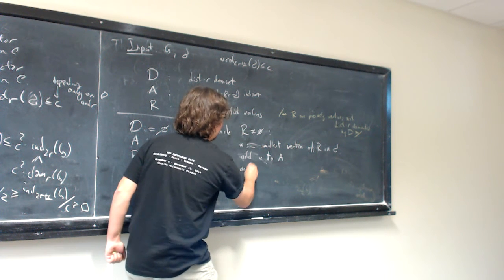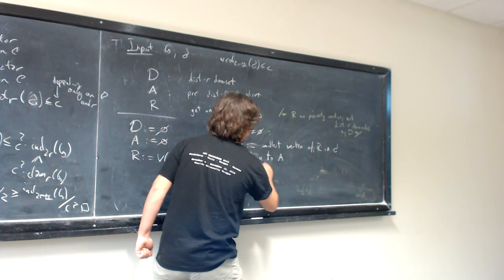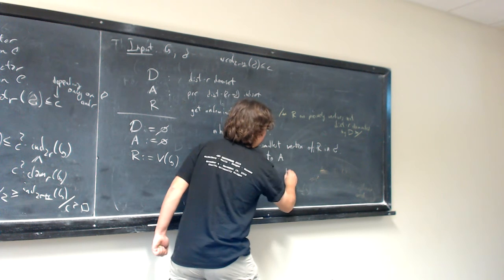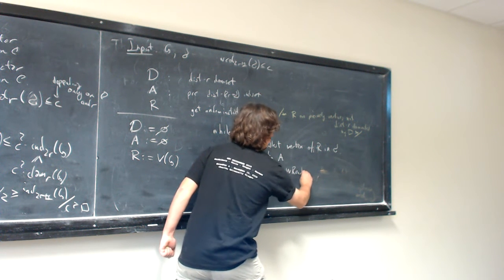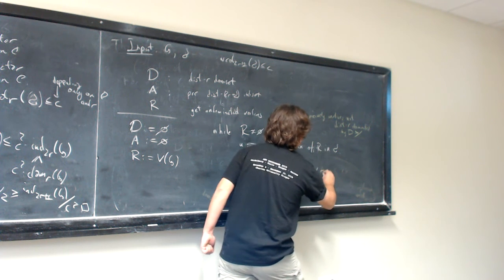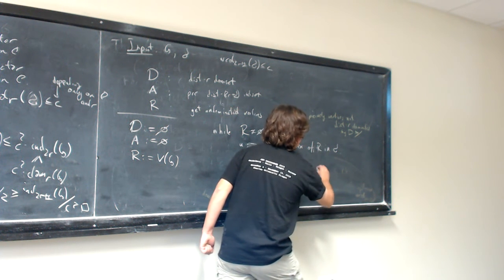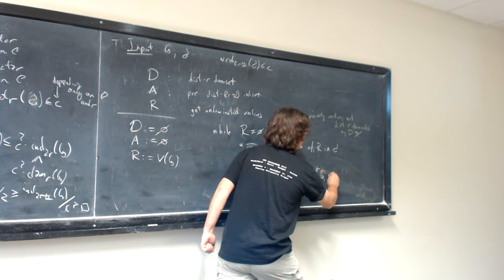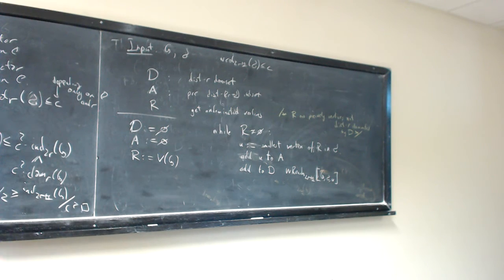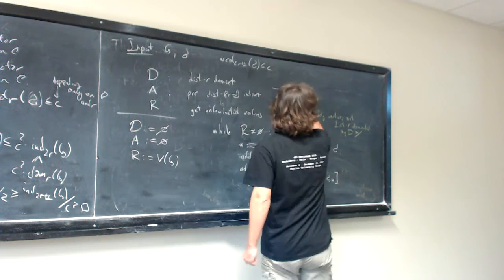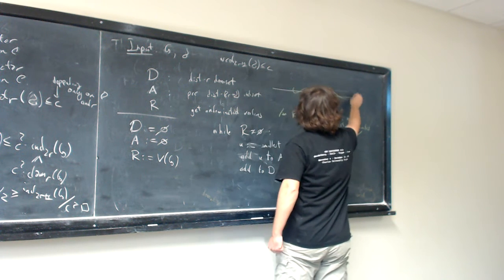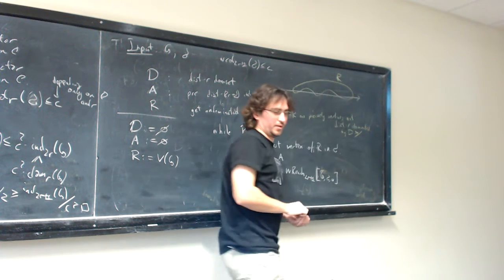And I add to D the following set: all the vertices that are weakly 2r plus 1 reachable from u. To see it on the picture, here are vertices of R that are not yet dominated.